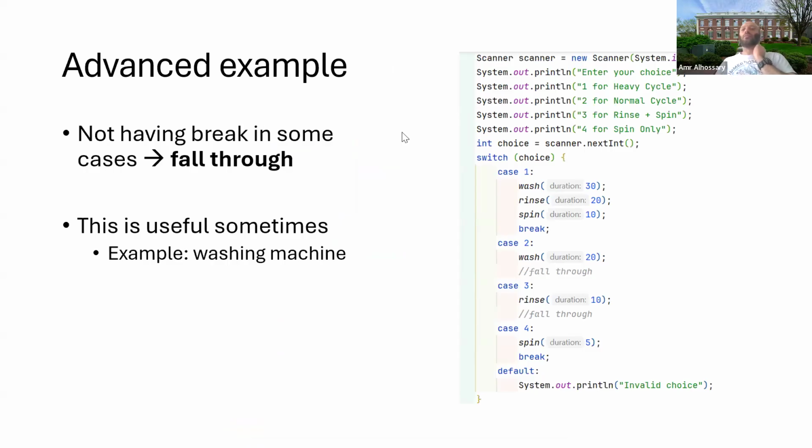Let's give an example of a washing machine. Suppose that you have a washing machine with four choices only: heavy cycle, normal cycle, rinse and spin only, and spin only. The normal cycle starts by washing, then rinsing, and then spinning.